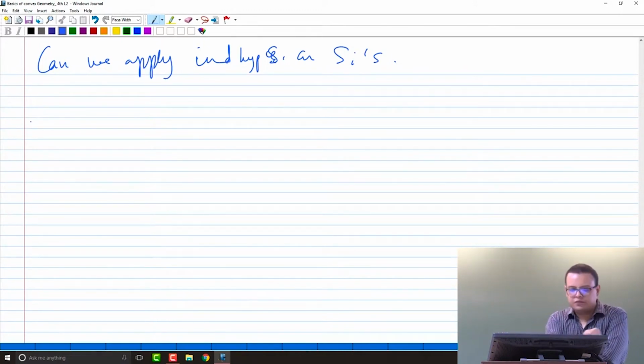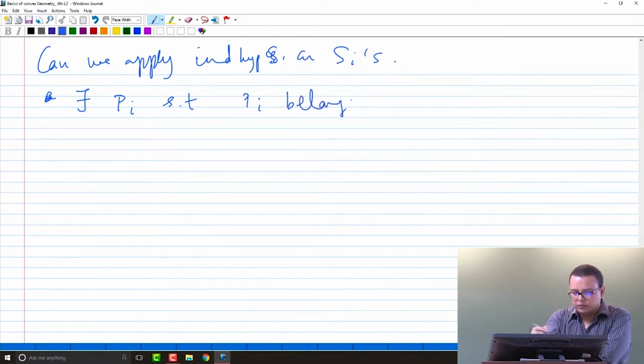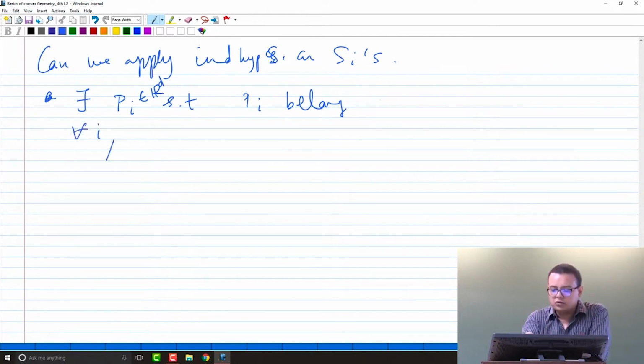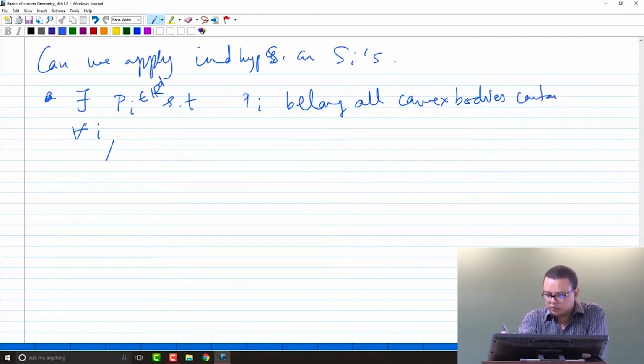There exists Pi in Rd, for all i, such that Pi belongs to all convex bodies contained in Si.